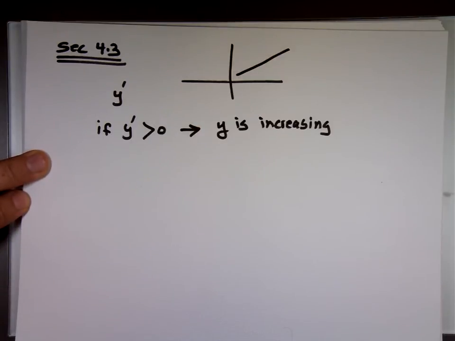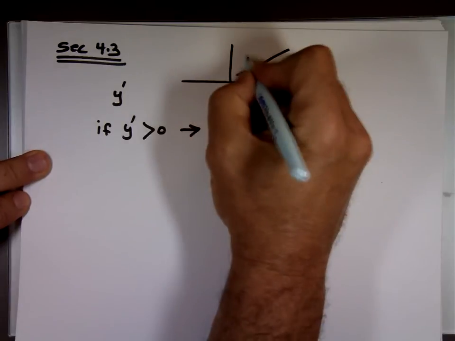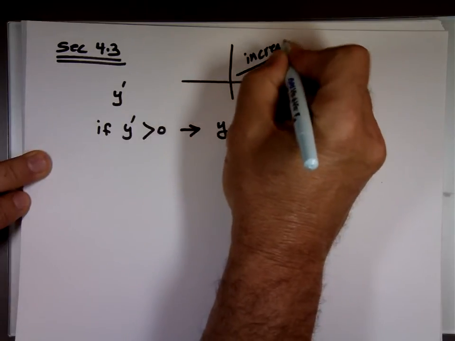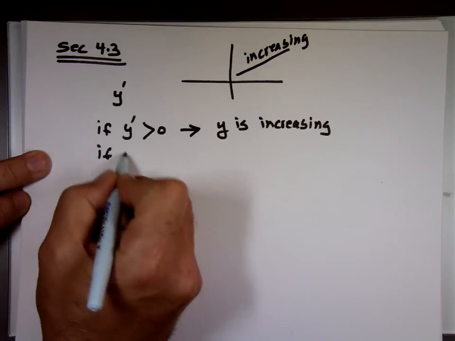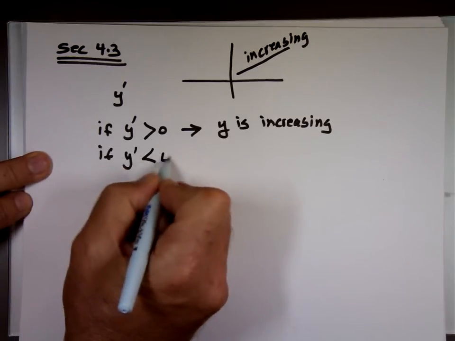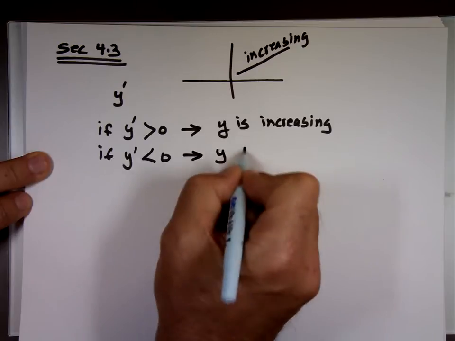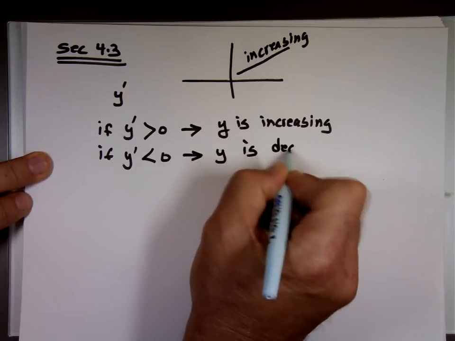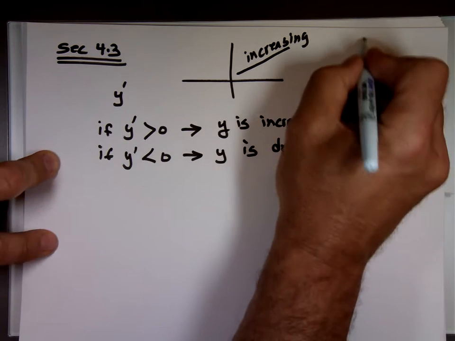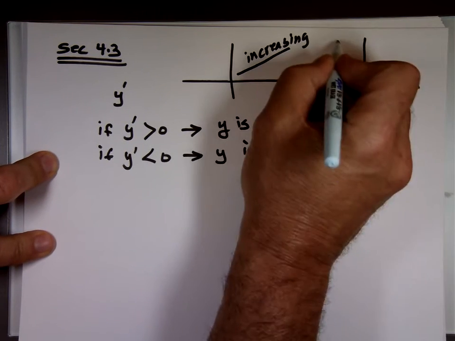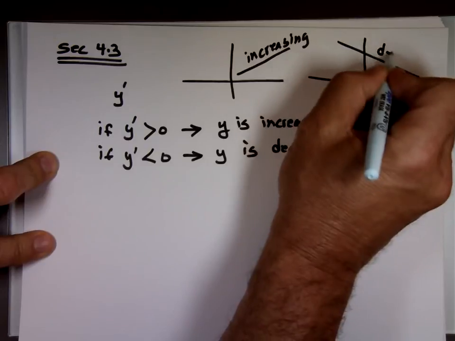That's what increasing is, it's rising. If the first derivative is less than 0, the function is what? Decreasing. So if the derivative is less than 0, that tells me your function is coming down, is decreasing.